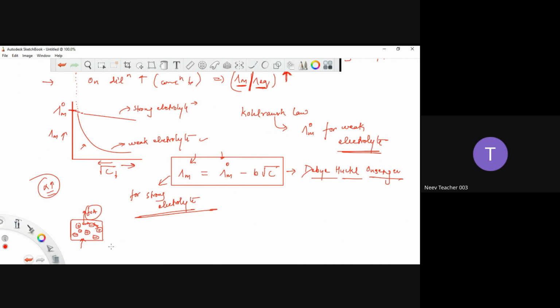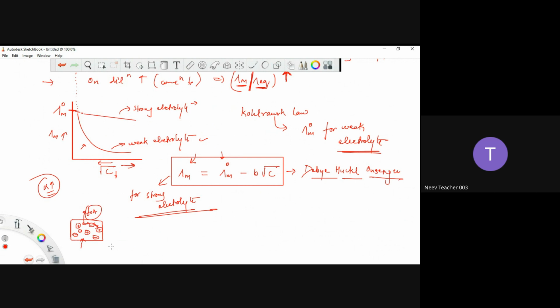If ions move freely, the conductance will be more. So if you increase the dilution, the separation becomes more and the force of attraction of ions becomes lesser. This increases the mobility of the ions and hence increases the conductivity. That's why the strong electrolyte conductivity increases on dilution.